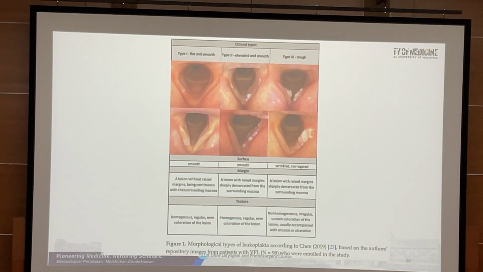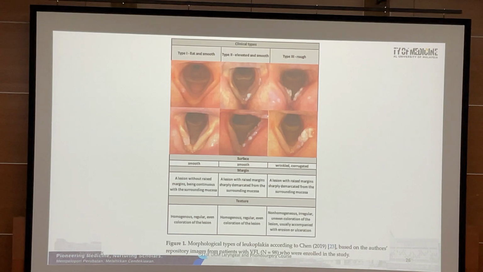So I want to mention leukoplakia. If you have a good instrument, you can categorize the leukoplakia: which one you can just observe, which one you have to quickly bring the patient to the operation room and do biopsy. This classification was published by Chen in 2019.